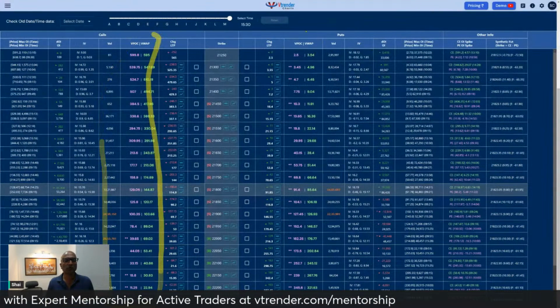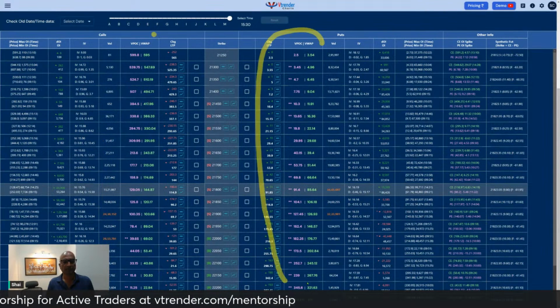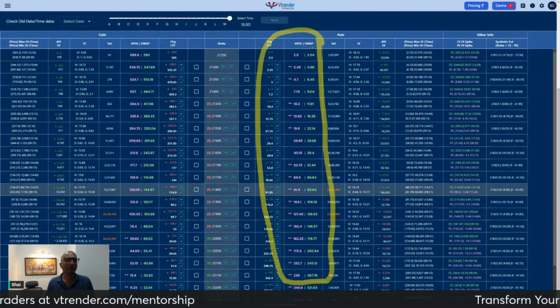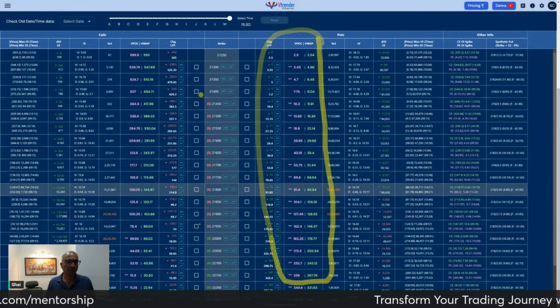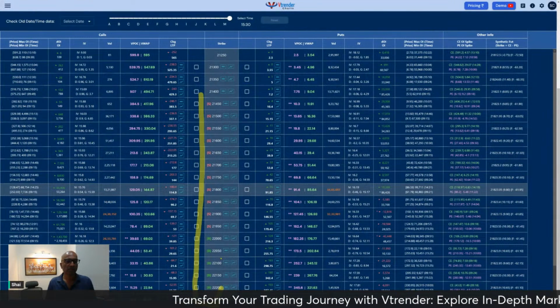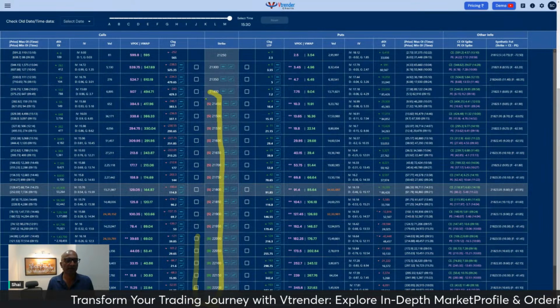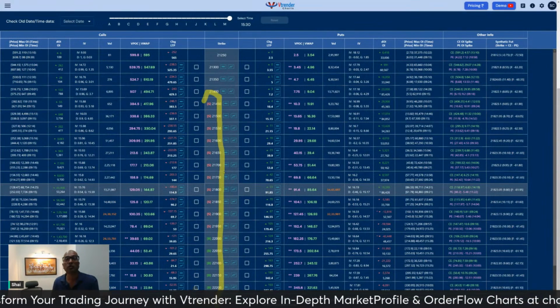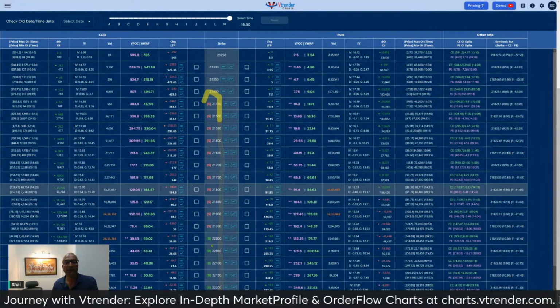And for the puts, you'll get it over here, VPOC and VWAP. Now we also tell you which strike is dominated by buyers and which strike is neutral. S means dominated by sellers or writers, and B means dominated by buyers.